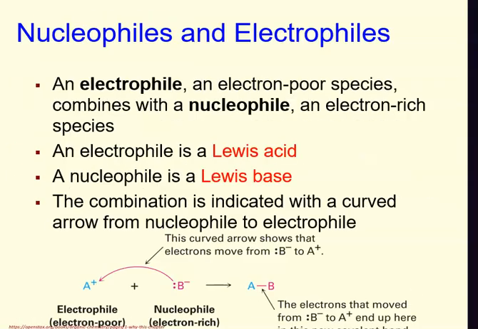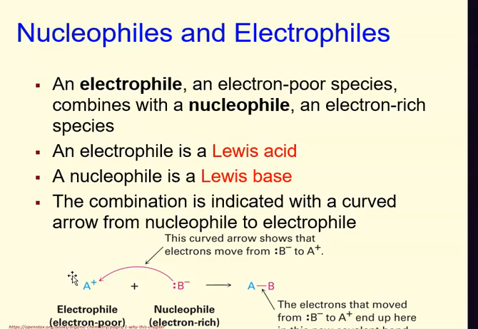In addition, we can look at what nucleophiles and electrophiles are before we look at the mechanism of a polar reaction. We studied these two definitions earlier in Chapter 2, where a nucleophile is something that is rich in electrons and an electrophile is something that is poor in electrons.